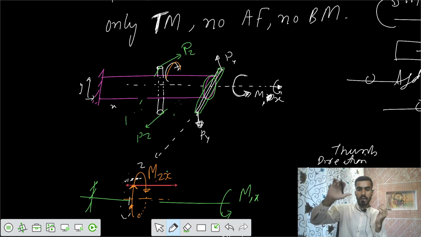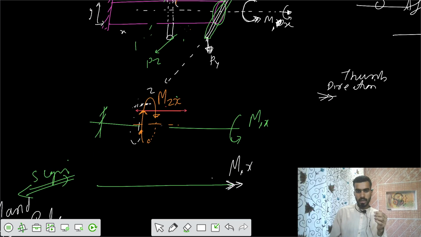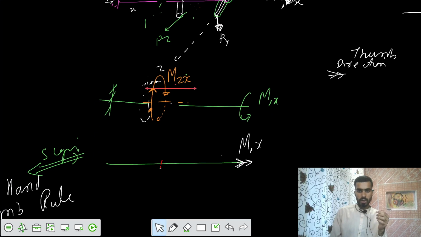If you rotate your right hand in the clockwise direction, that means your thumb points towards the cross section, in this direction. Let's say this is your moment m2x.